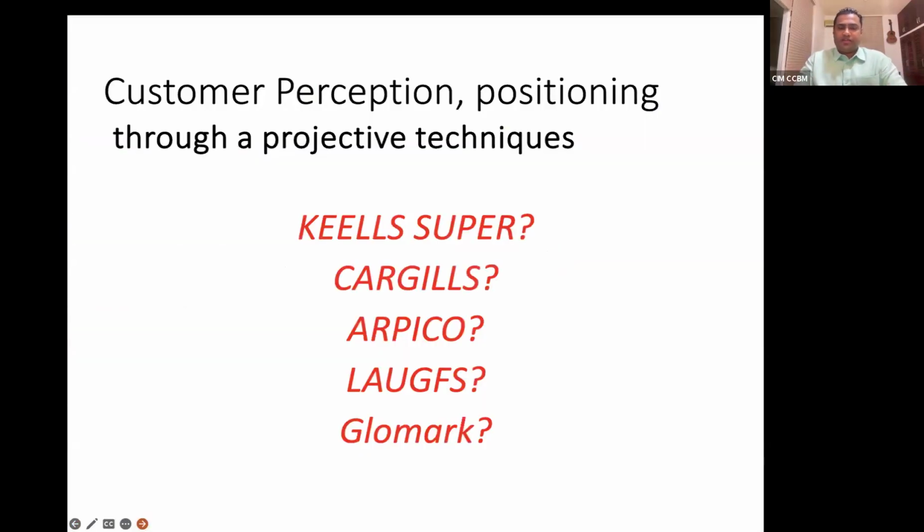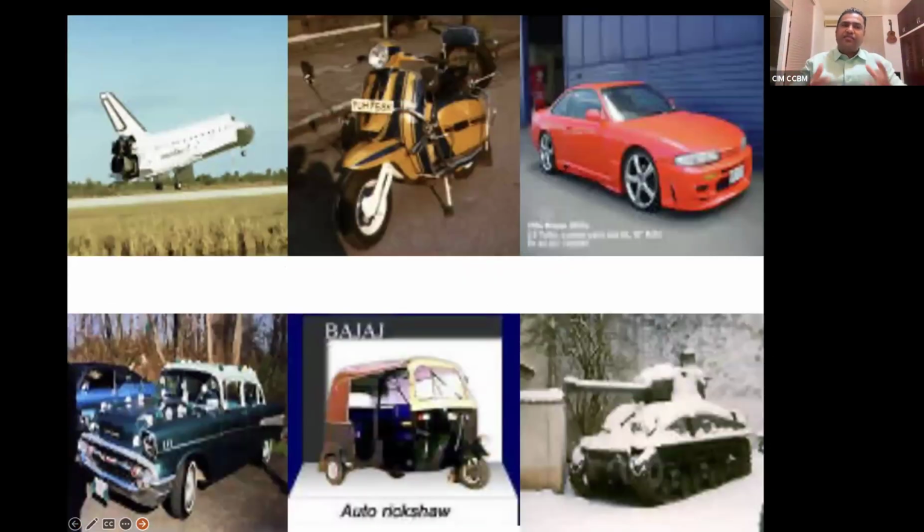Here's another one. Understanding the perception and positioning, using projective techniques, of the supermarkets that we have. When I give you these brands, the players that are there, and ask you to identify a picture, who is Cargills? 99 out of 100 will say it is a three-wheeler.